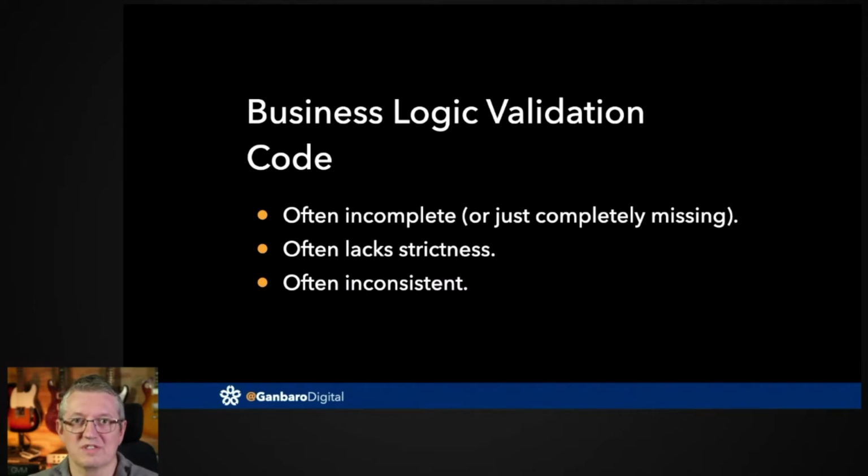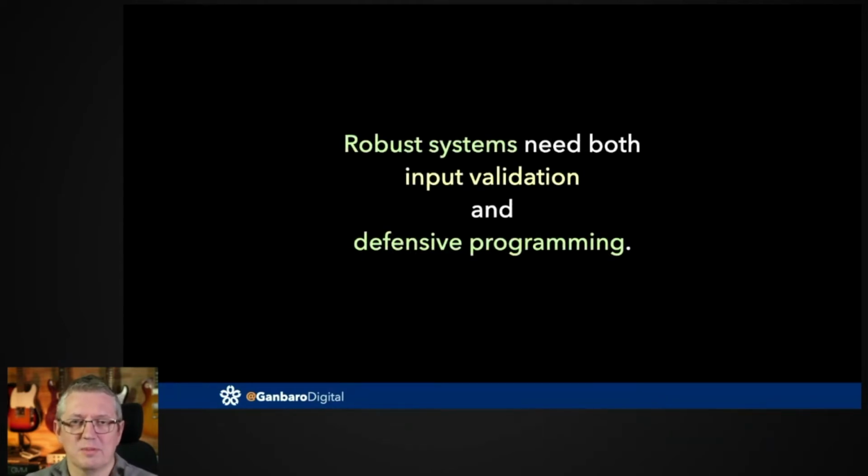So you want JSON Schema to help protect you from the nature of this validation code. Now, I'm not saying you should just use JSON Schema. If you're trying to build robust systems, you want both. You want JSON Schema for input validation, and your business logic should be performing defensive programming as well. You should be doing both.